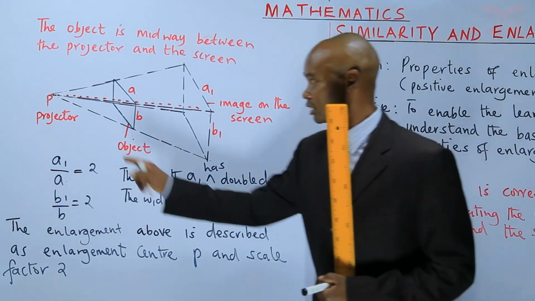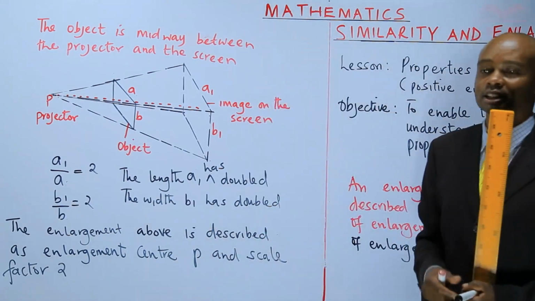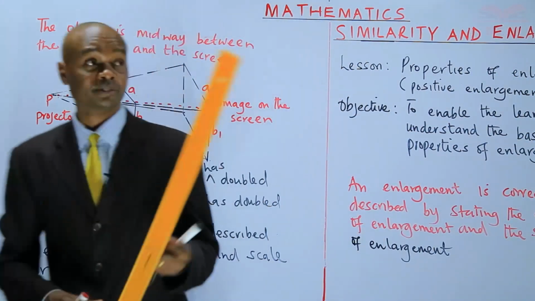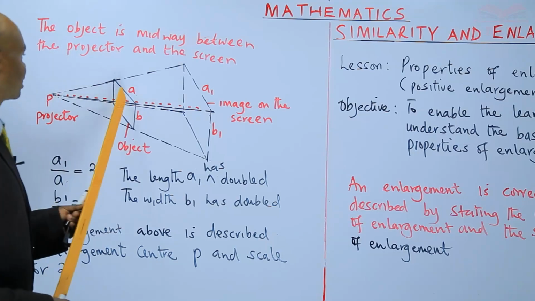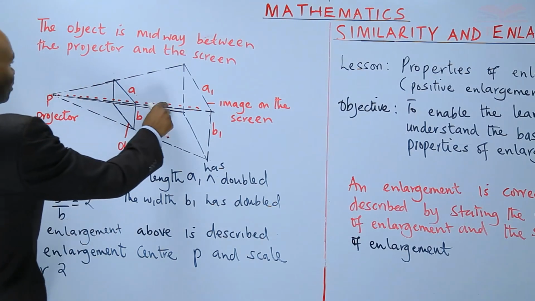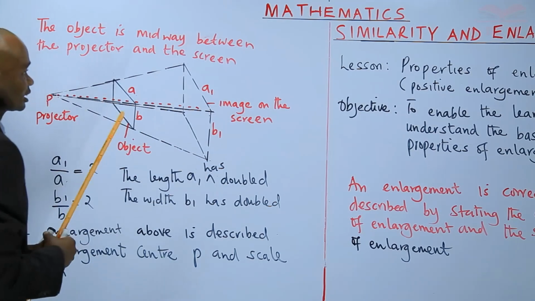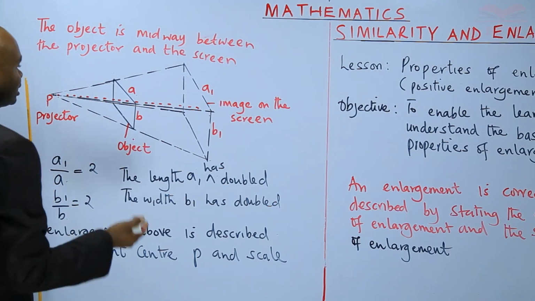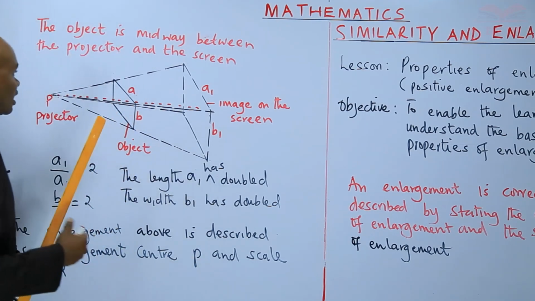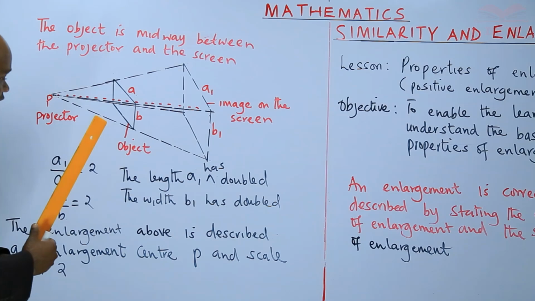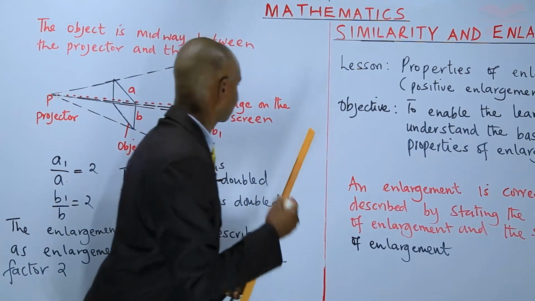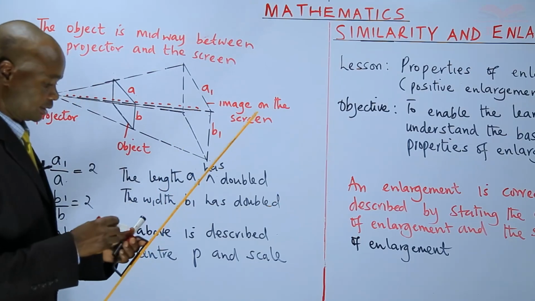In our case, our center was P and the scale factor is 2. If you are given a center and the image, you can prolong that to get the image at any enlargement. If they say a scale factor 2, the image will double. Scale factor 3, the linear dimensions will triple.